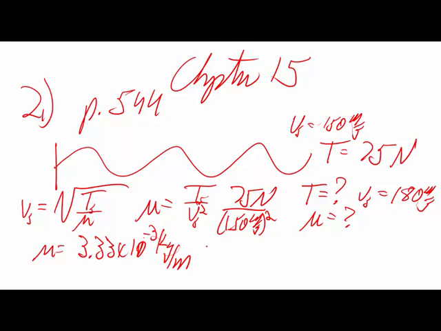So now we can plug this in and find the tension. Let's solve for the tension. With a little bit of algebra, tension is equal to the linear mass density times the velocity of the string squared. So we have 3.33 times 10 to the negative third kilograms per meter, times 180 meters per second squared, and we should get, I believe, 107.9.